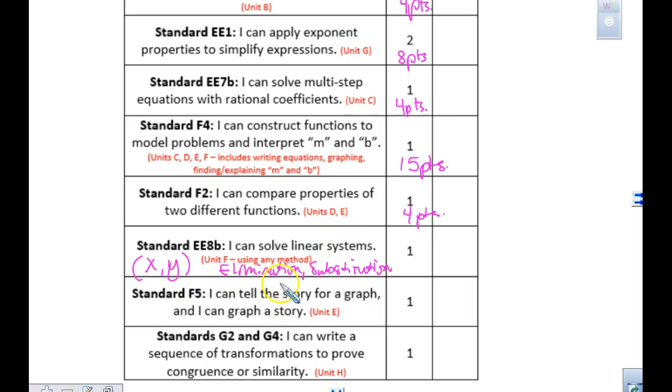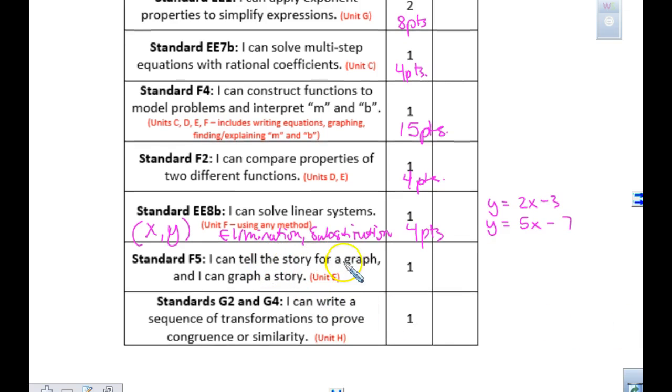Usually it's the elimination or substitution. So you're going to have 2 equations, maybe like y equals 2x minus 3, and then another one where y equals 5x minus 7, and you're asked to solve those. You're going to see some of those in the review that I'll show you.